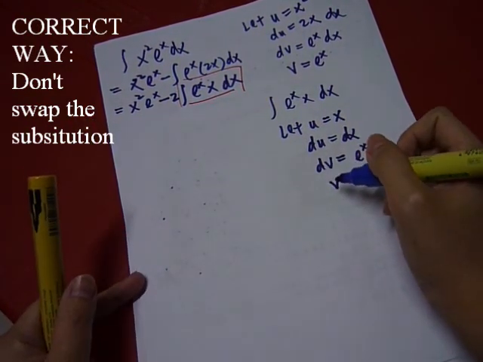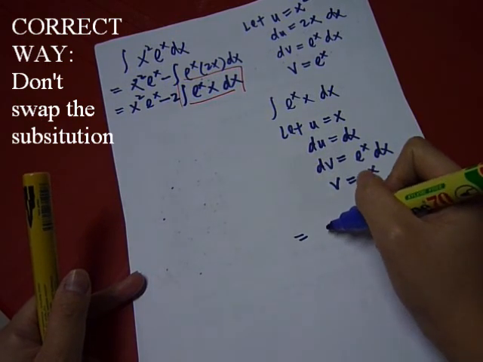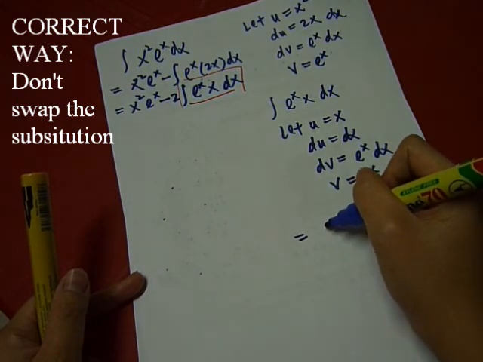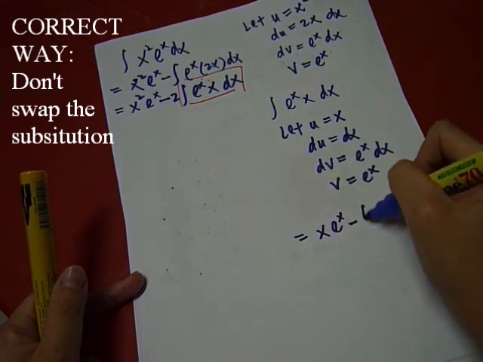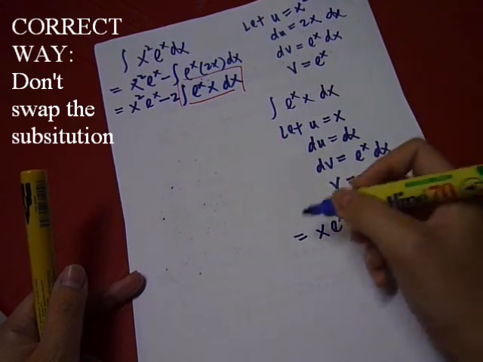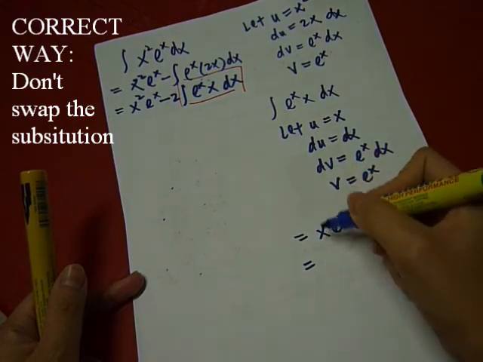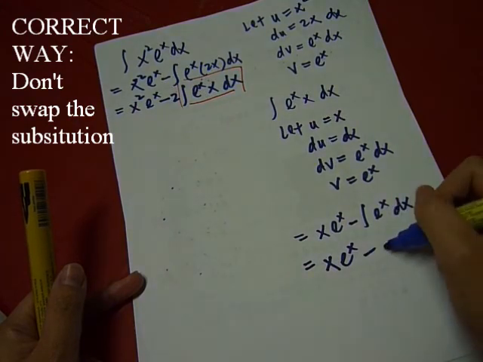Then apply the formula again. uv is equal to x e^x minus integration e^x dx, then it is equal to x e^x minus e^x.